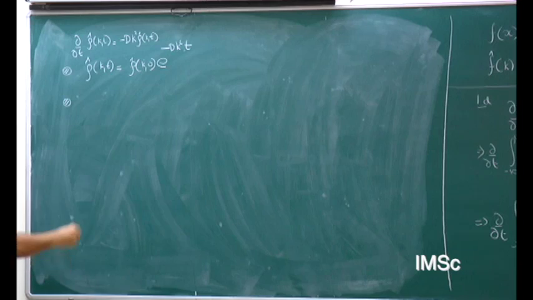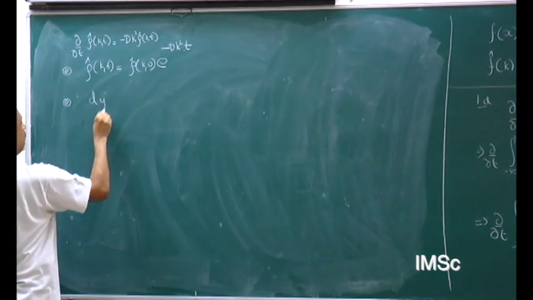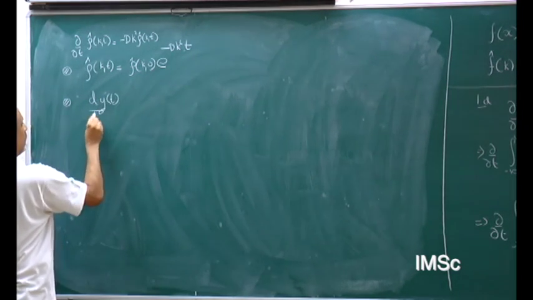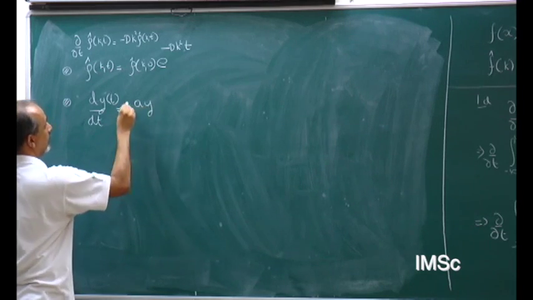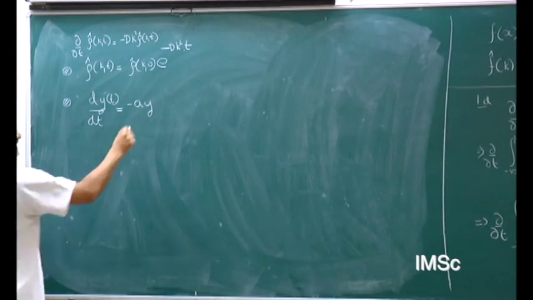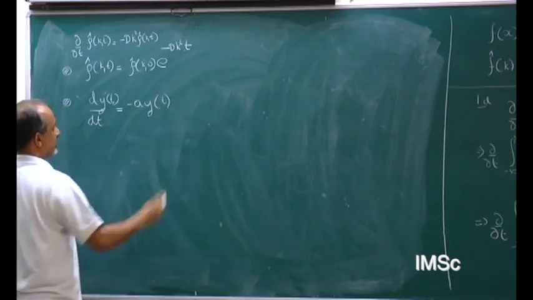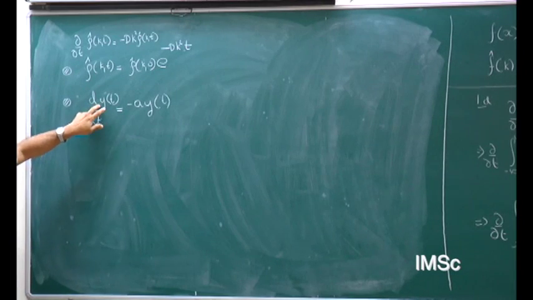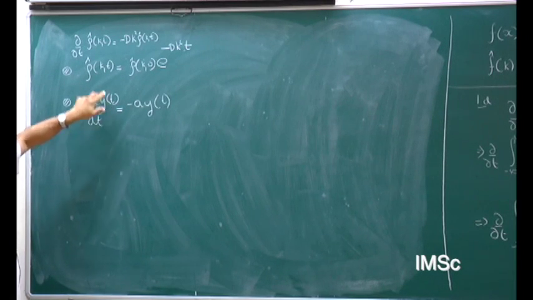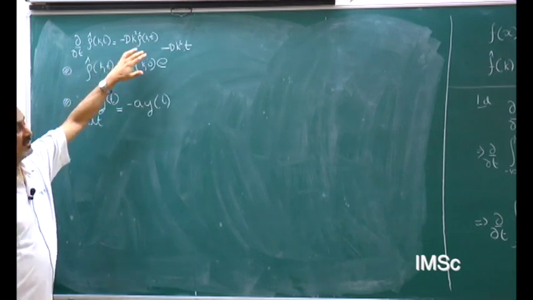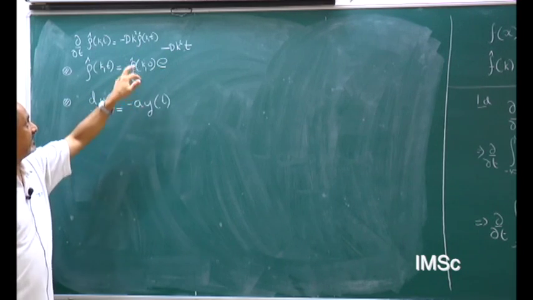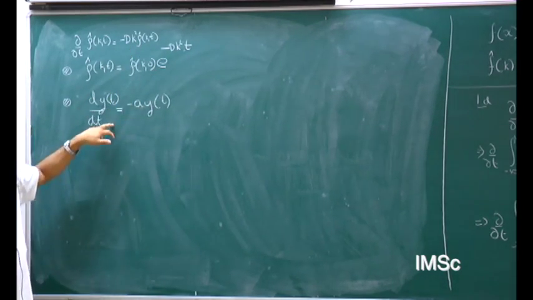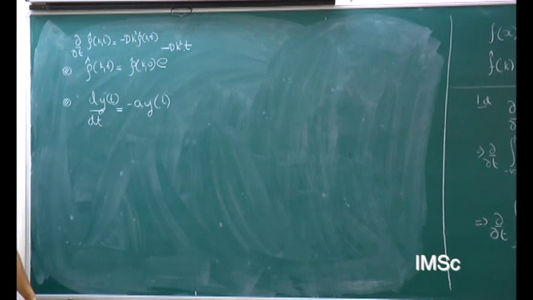All I'm saying is that dy by dt equals minus a times y of t. This is essentially the equation that I'm solving here. So some variable y that depends upon t takes the place of rho hat of k, t. There's nothing complicated here. And the a here is minus D k squared, and this has the same sort of solution that I have here.